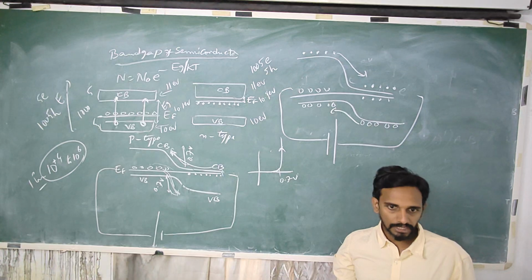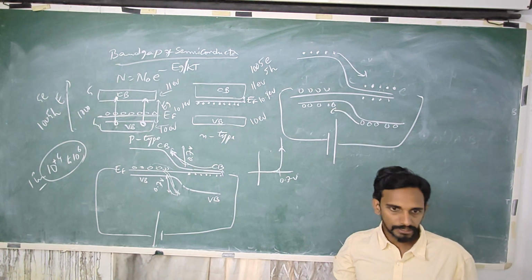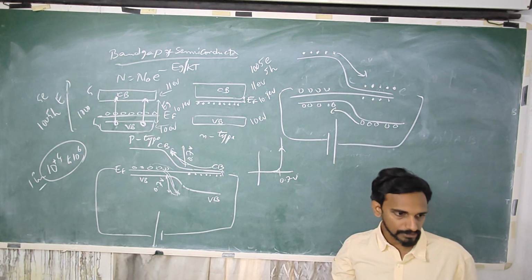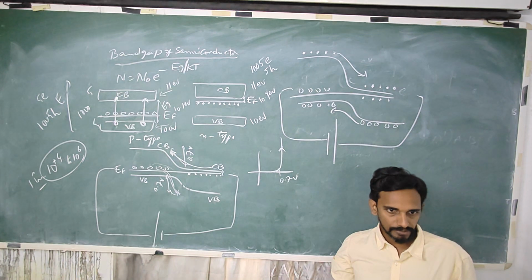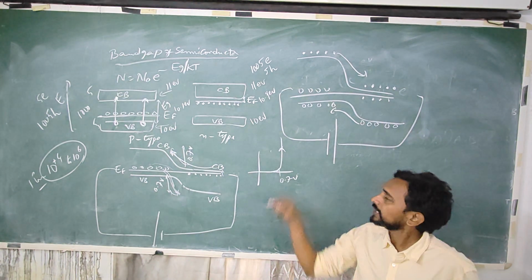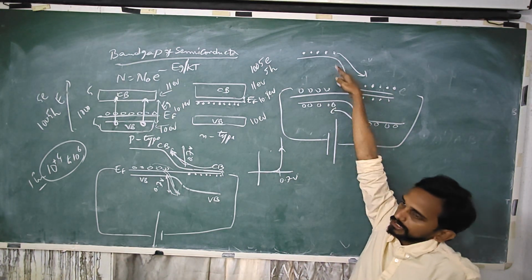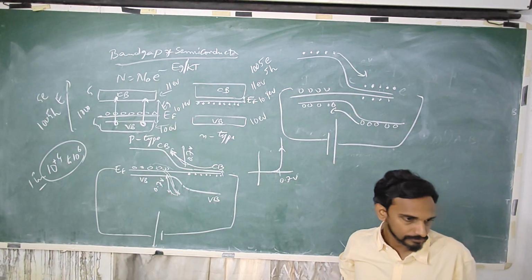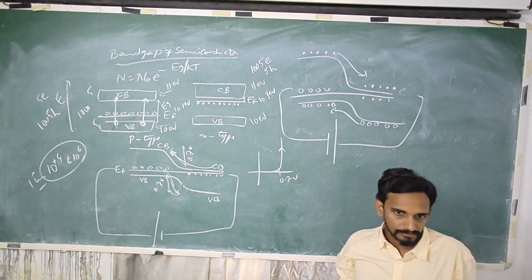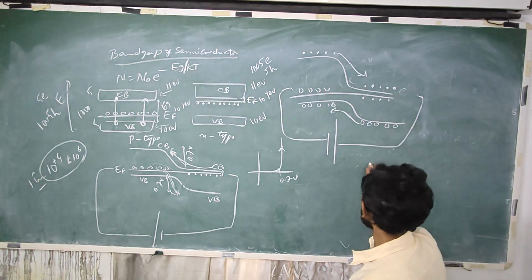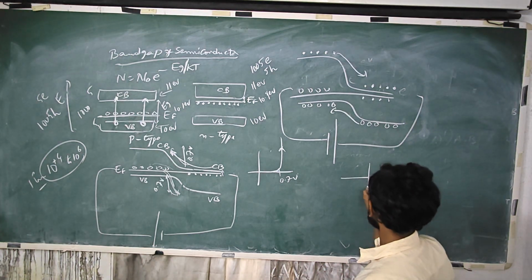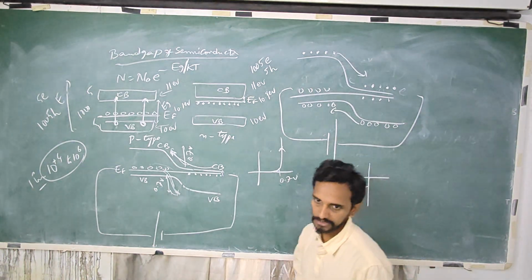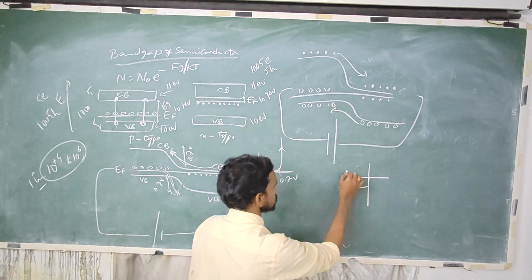And the current is controlled by temperature. No other choice. So the number of carriers generated here are only by temperature. Right? So in reverse bias, current starts immediately and the value remains constant, whatever may be the voltage you apply.